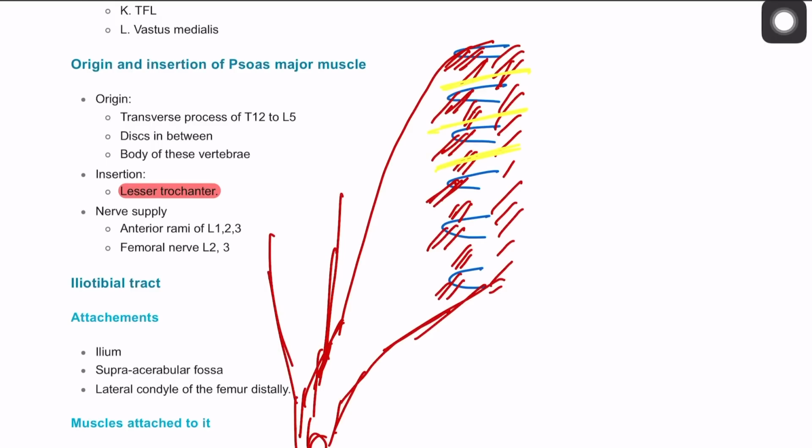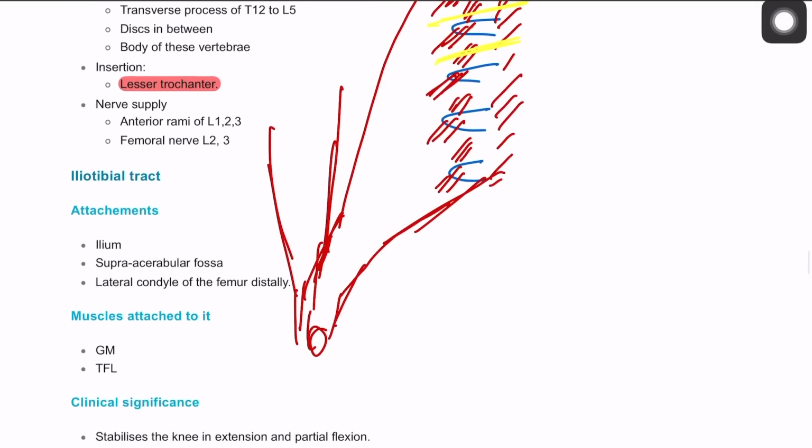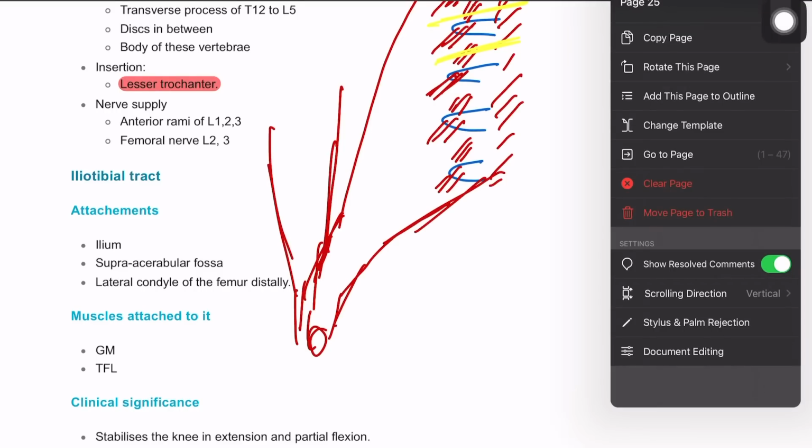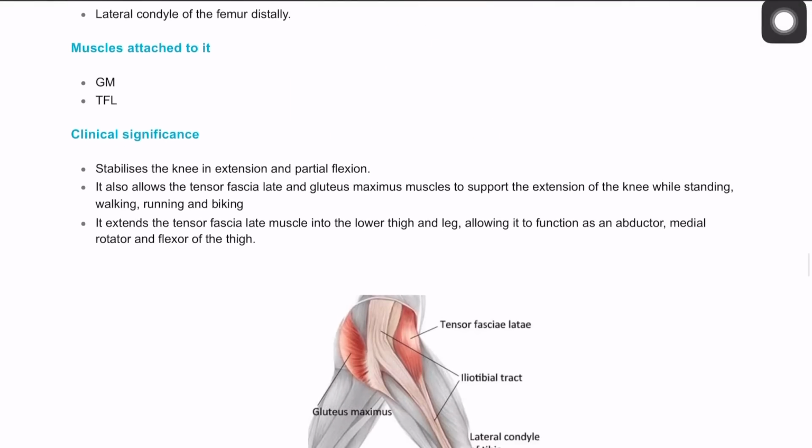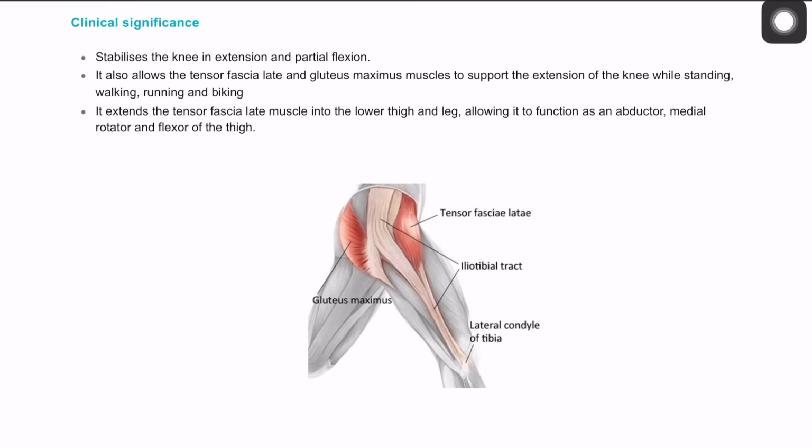Okay. The iliotibial tract, we mentioned the attachments of the iliotibial tract, that it mainly comes from the top, the fascial. If you look at this one, this is the iliotibial tract right there. It comes from sort of the iliac crest, and is joined by the fascia lata as well, which is this tensor fascia lata, which is the muscle.